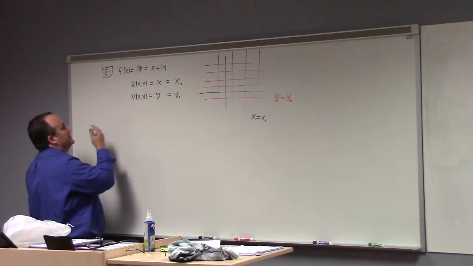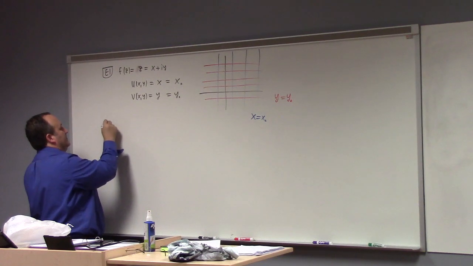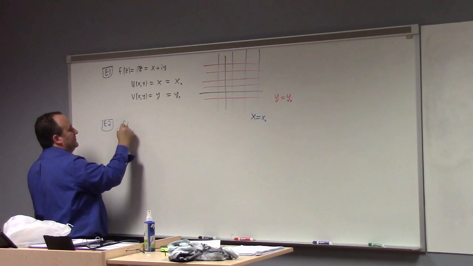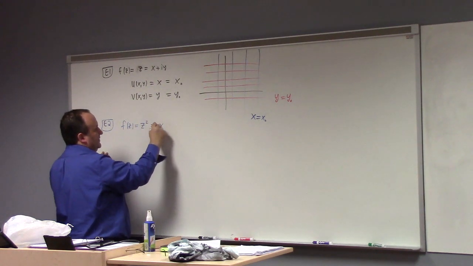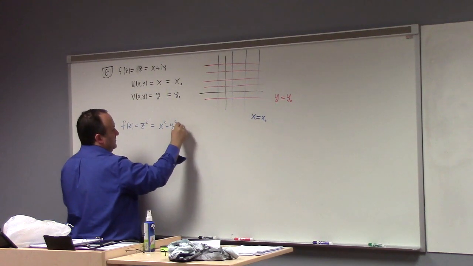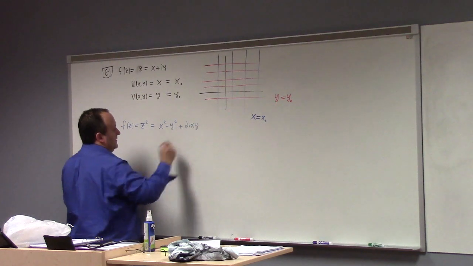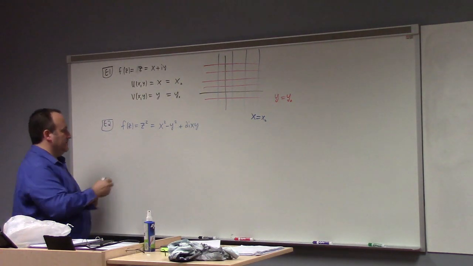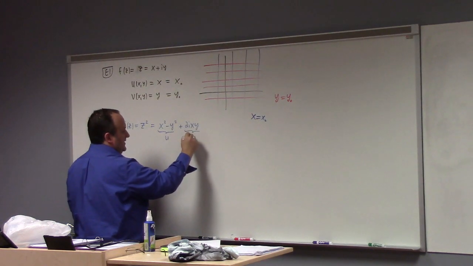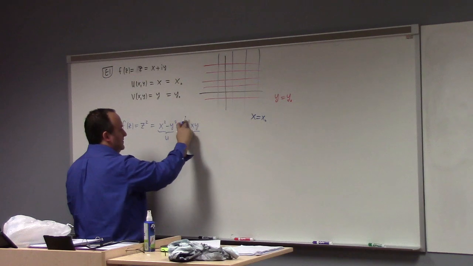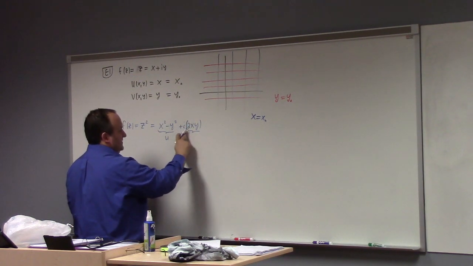Example 2: f of z equals z squared, which is x squared minus y squared plus 2i xy. I think we actually looked at this before. This is u, and this, the 2xy, is the v.